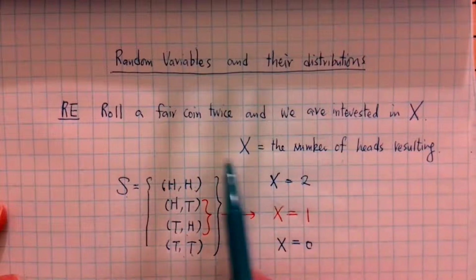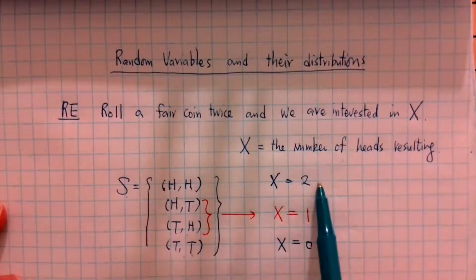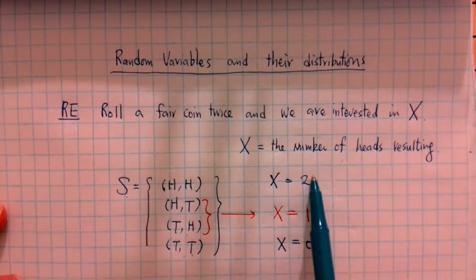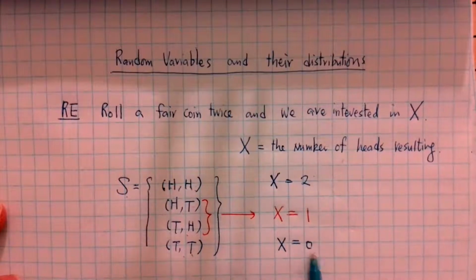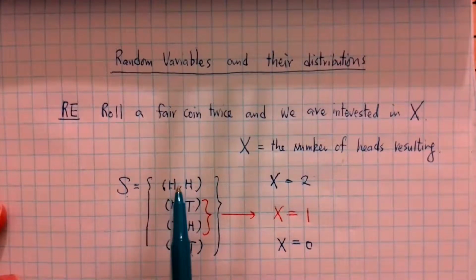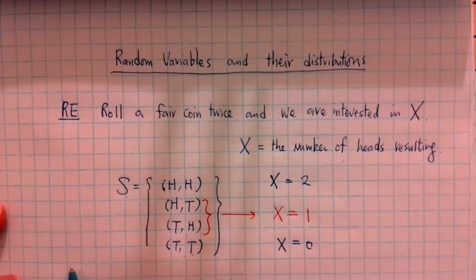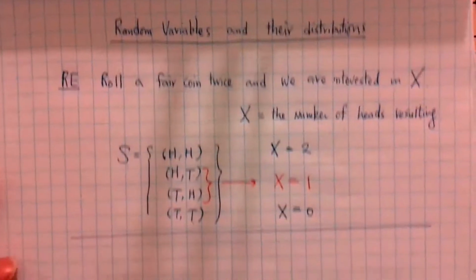Why do we create a random variable? As you can see, this is for notational convenience. Can you imagine if we flip the coin 10 times? Say we flip the coin 10 times.